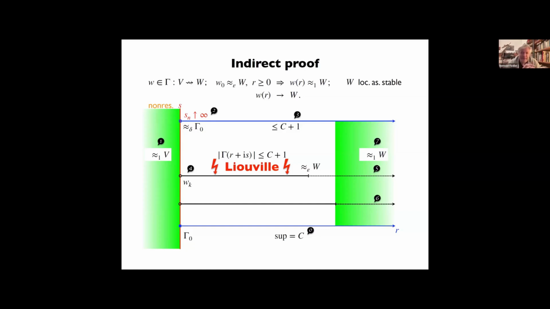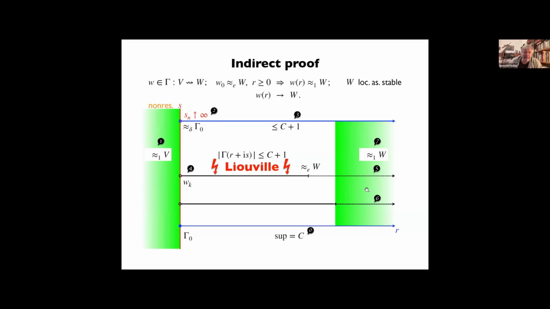That's step 5. In step 6, I point out that I can do this anywhere, and this is an open condition. So I have a small S interval where this works. I can take the maximum of the times I have to wait until I'm epsilon close and therefore one close. And that's step 6, which makes it uniform everywhere in this horizontal strip.